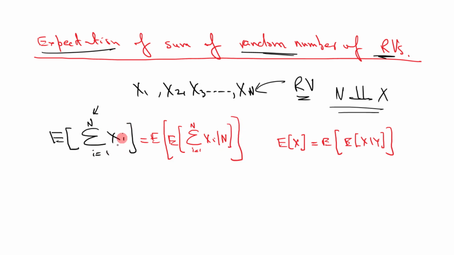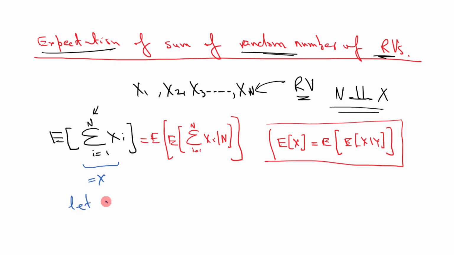Because you need to find the summation of random number of random variables, I am representing this expectation like this using this property, because here we are finding the expectation of x. So let's suppose I represent this summation equals x. Let x be equal to summation i equals 1 to n xi.